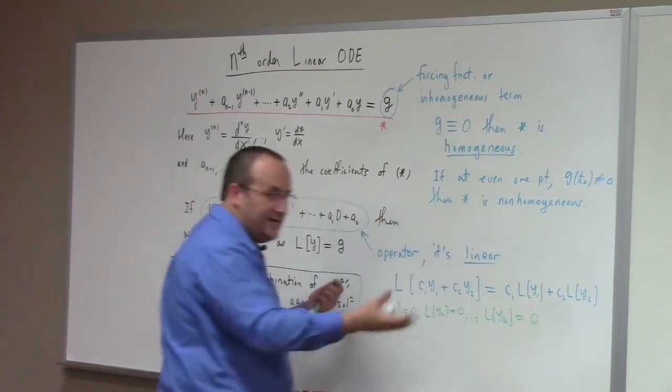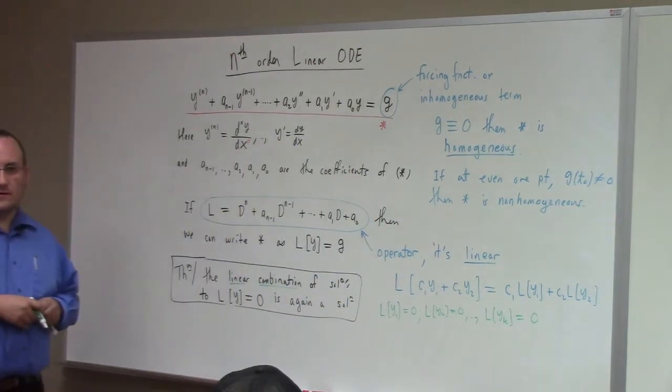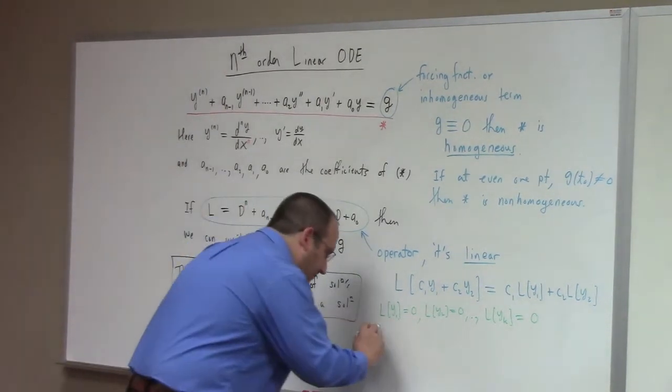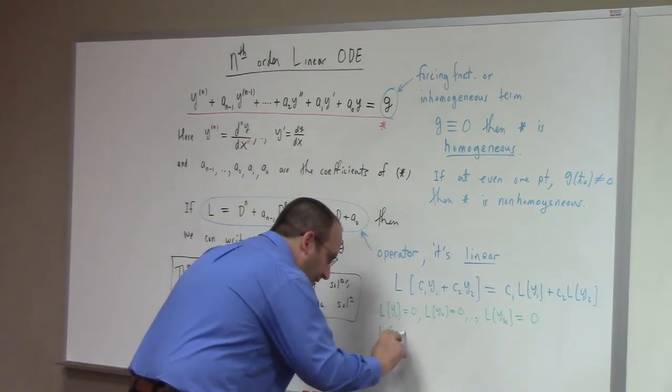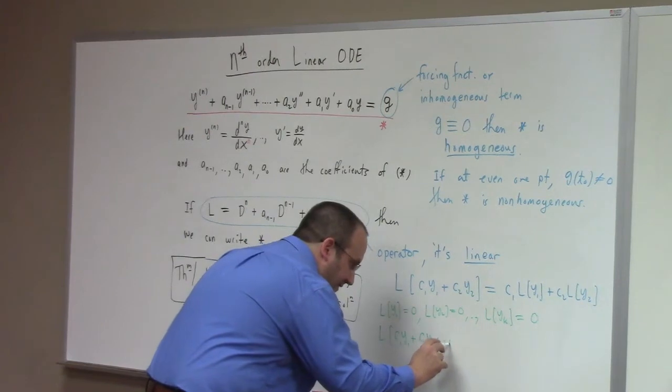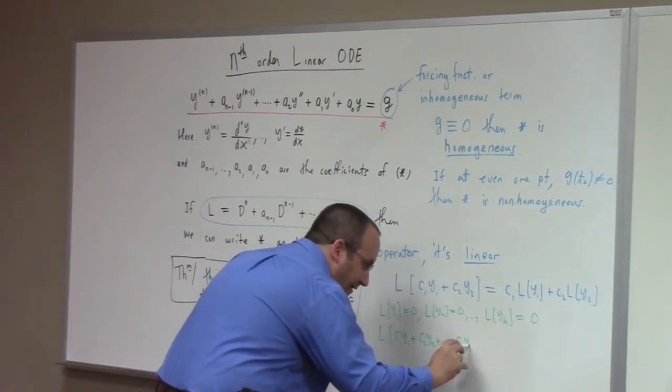Okay, suppose we have k solutions to this homogeneous differential equation. Then, if you look at L of C1y1 plus C2y2 plus dot dot dot plus CKYK.